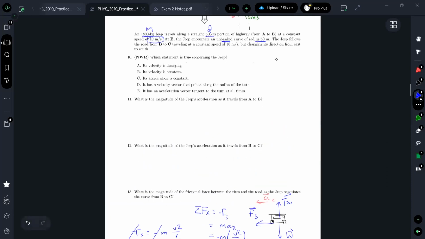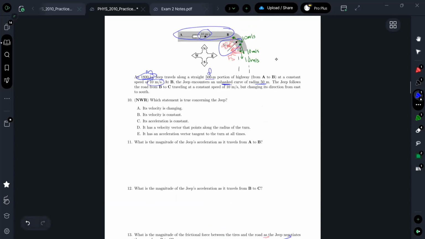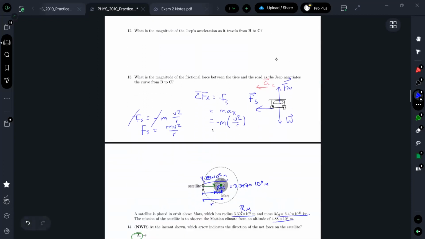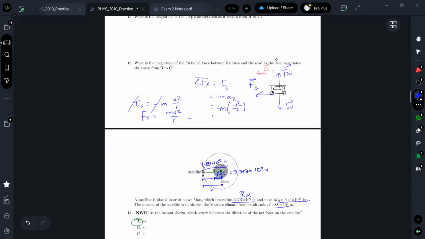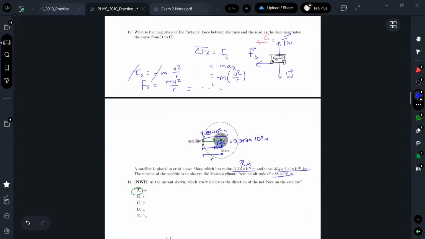And I have all of those things. It's 1800 for the mass. The radius is 50 meters. That's r. And the speed v was 10 meters per second. So that answers that one, if I put all those things in. Okay.